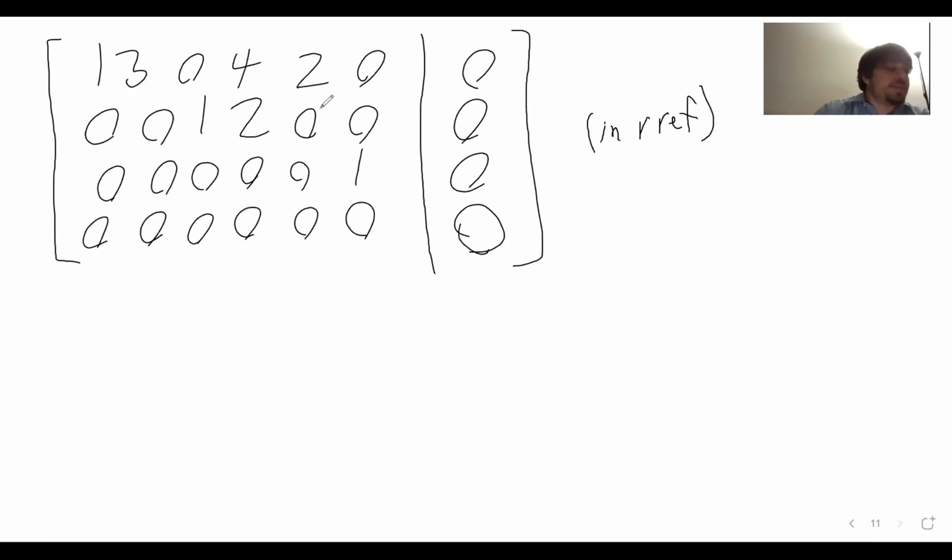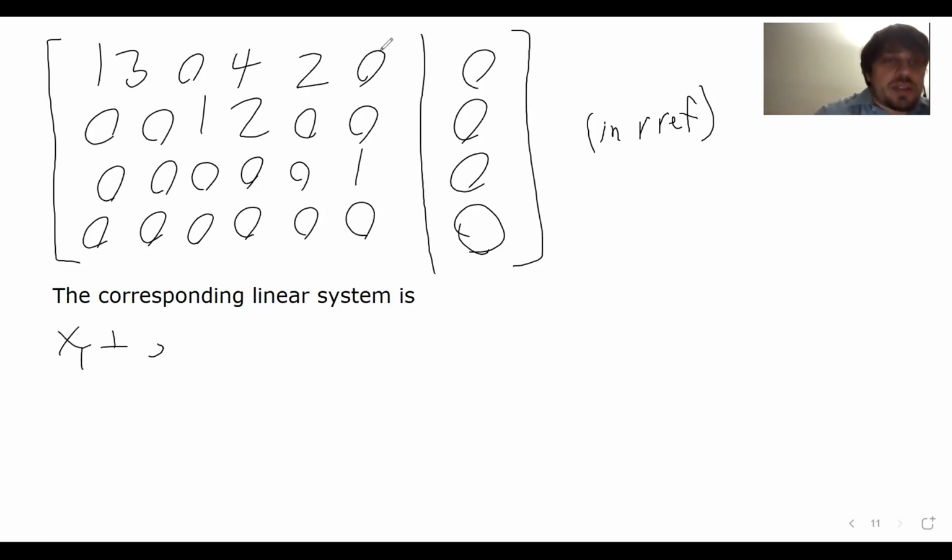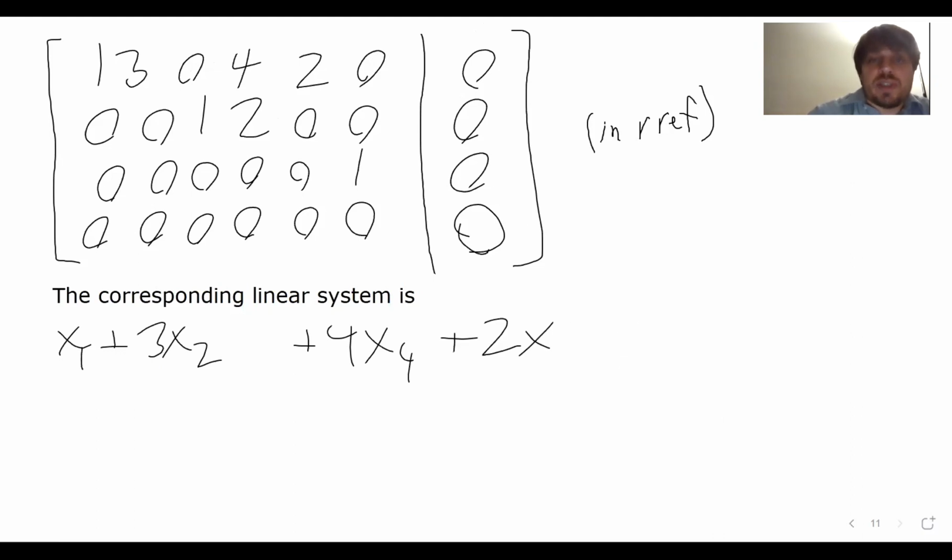Now that we have this in reduced row echelon form, we're going to want to look at the corresponding linear system. The corresponding linear system is x1 plus 3x2 plus 4x4 plus 2x5 is equal to 0. x3 plus 2x4 is equal to 0.